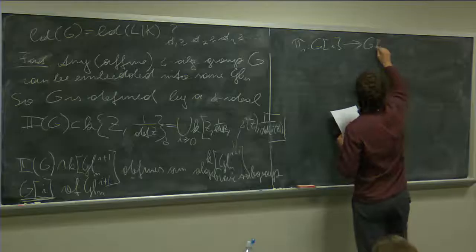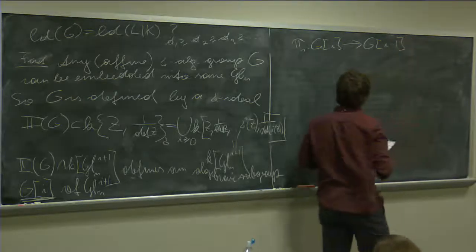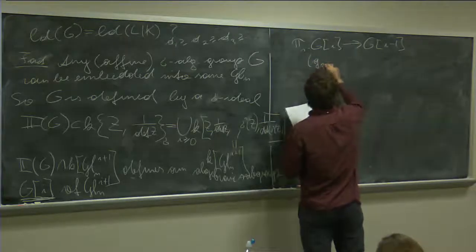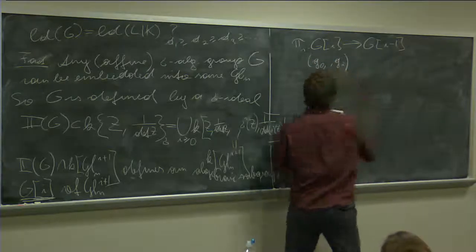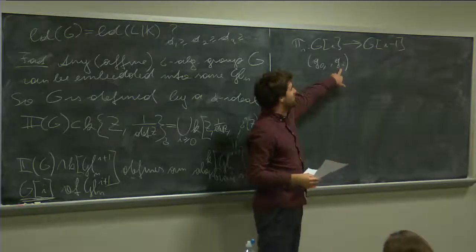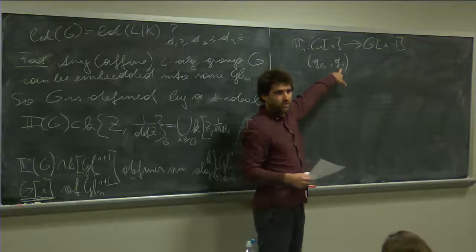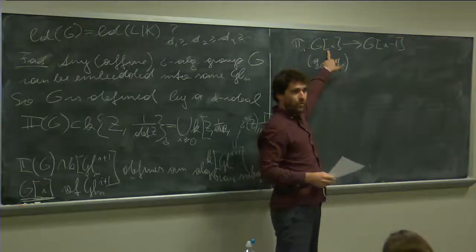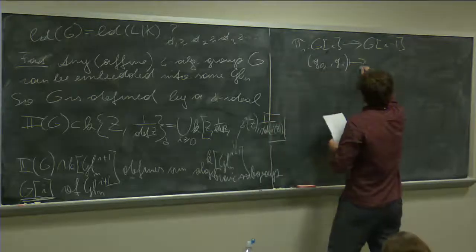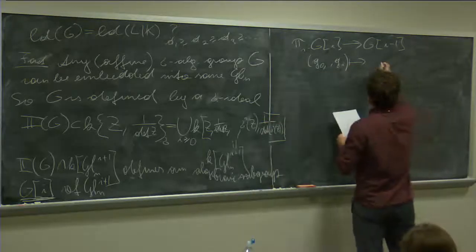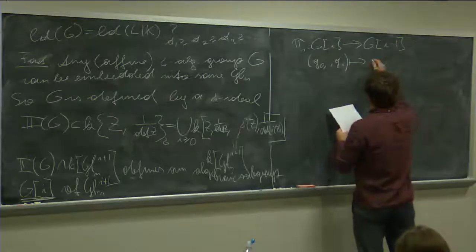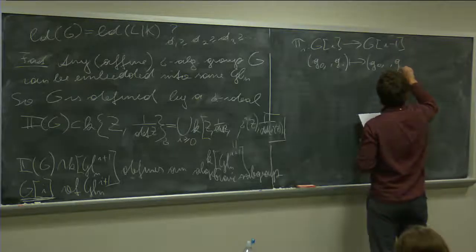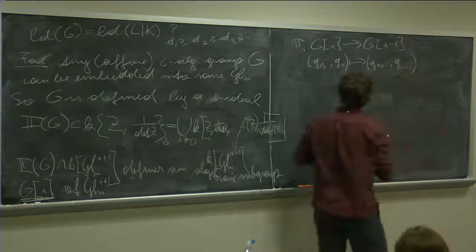So there is a projection from G_i to G_{i-1}, which simply drops the last coordinate. So G_0 to G_i are n by n invertible matrices here. We're living in GL_n to the power i+1, and then we're projecting into GL_n to the power i. So we drop the last coordinate.